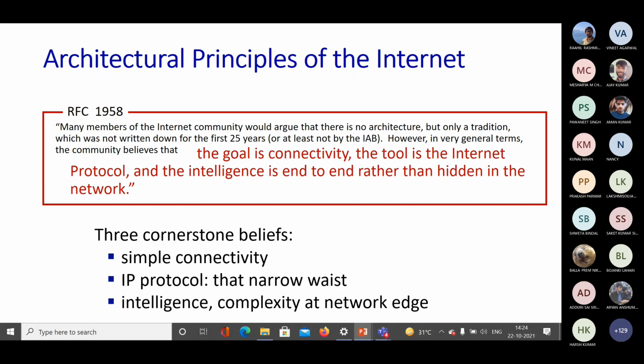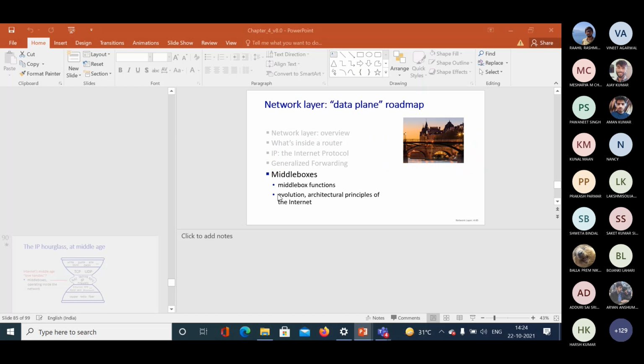Then how do you address all these different hosts? Then how do you find the destinations of these end hosts? Whatever applications they are using, what are the corresponding application layer protocols, corresponding transport layer protocols, and many other things. So most of the complexity is at the network edge. These are the architectural principles of the internet.